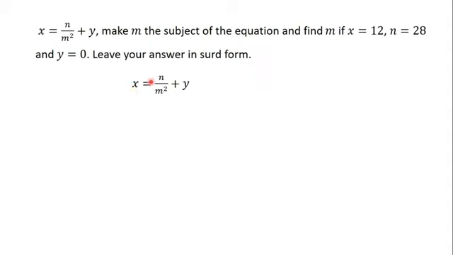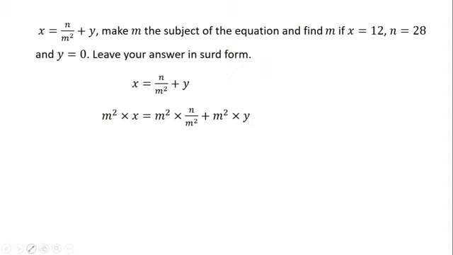x is one term, n over m squared is another term, and y is also another term. So what do we do? We multiply x by m squared, we multiply n over m squared by m squared, and we multiply y by m squared. So we have m squared times x is equal to m squared times n over m squared plus m squared times y.